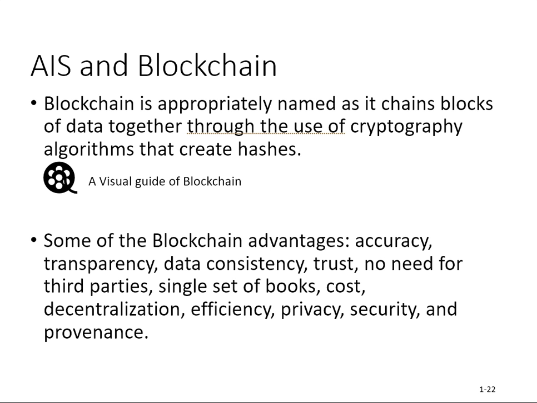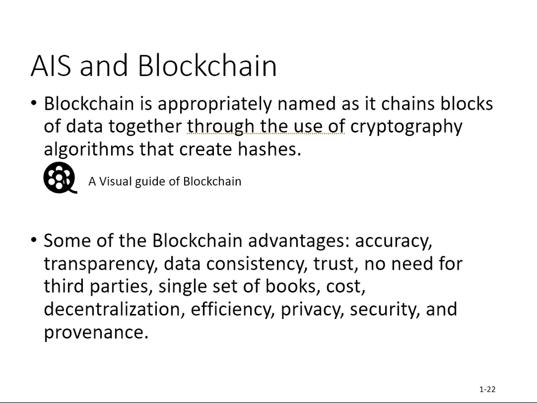Again, data consistency. Data are often located in multiple databases, and now the data are stored in the chain, so it's basically everywhere. Each network node has its own copy of the data.